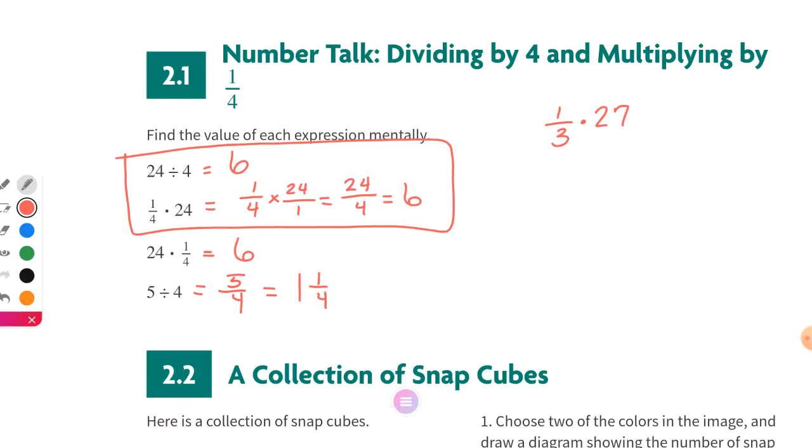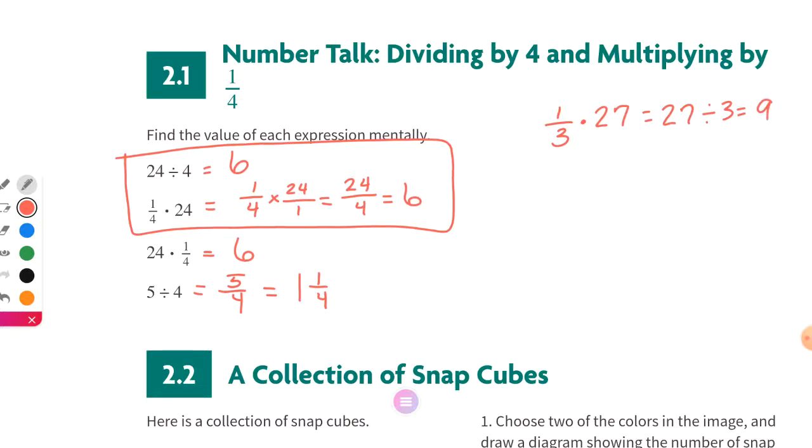What is a unit fraction? Owen? Like one of that number. A fraction with a numerator of 1 is a unit fraction. Anytime you're multiplying a whole number times a unit fraction, you can just take the whole number divided by the denominator. What's 27 divided by 3? 9.